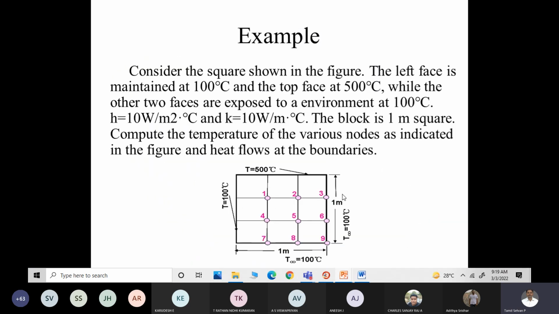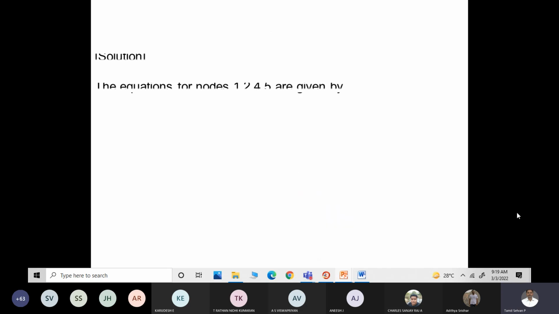This is 1 meter, so delta x and delta y will be 1 by 3 meters, that is 0.33 meters. Is it okay, students? Yes, sir. Similarly, you can write for T3, T6, T7, T8, and when we write, we will get these expressions.